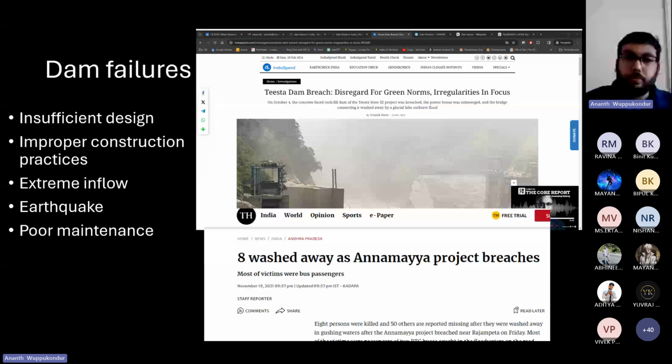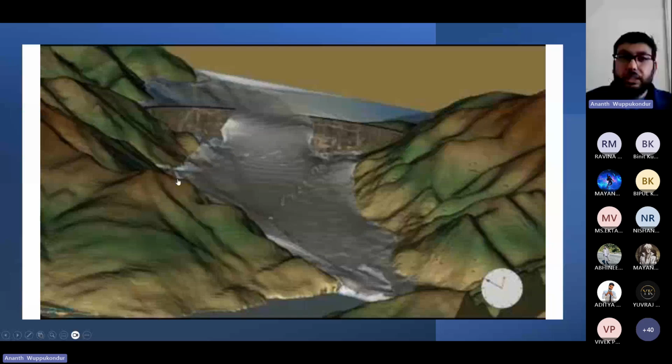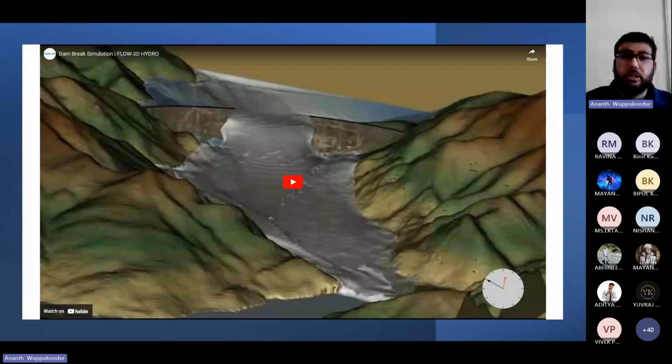Nowadays you can actually do the dam failure analysis using computational fluid dynamics, which is CFD in short. These are computer numerical models which consider the physics of dam breaks or dam failures and then give us the predicted overflow or the predicted flood discharges at downstream locations.